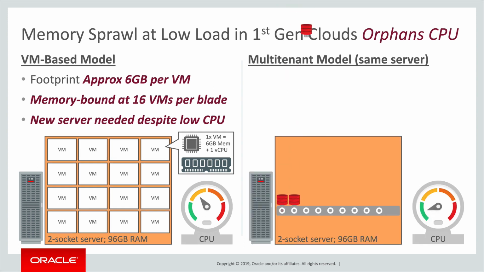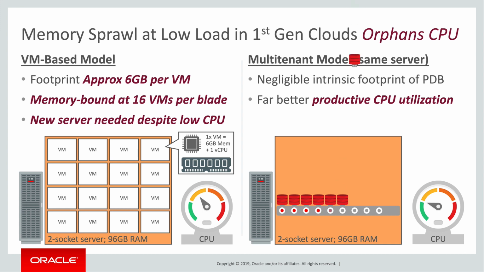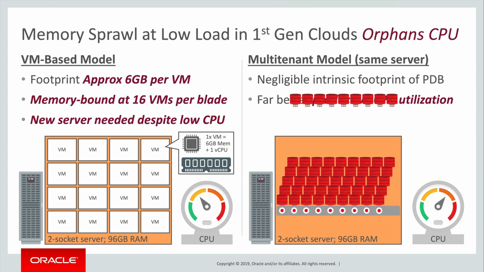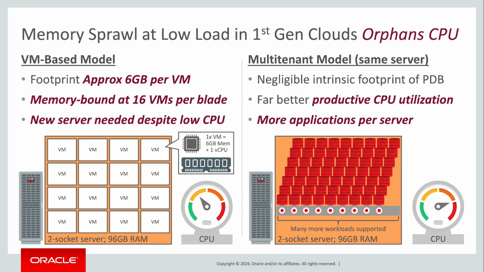Here's a better one. Replace that legacy cloud infrastructure based on VMs with Oracle Multitenant. Now, in the very same server, deploy a single multi-tenant container database or CDB. In this model, bulky VMs are replaced by nimble, pluggable databases or PDBs. There's a single set of infrastructure at the CDB level, rather than heavy infrastructure replicated in each VM.